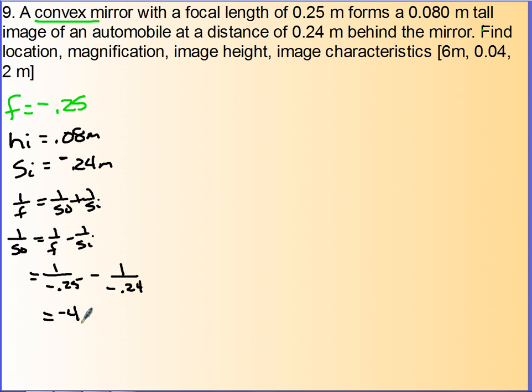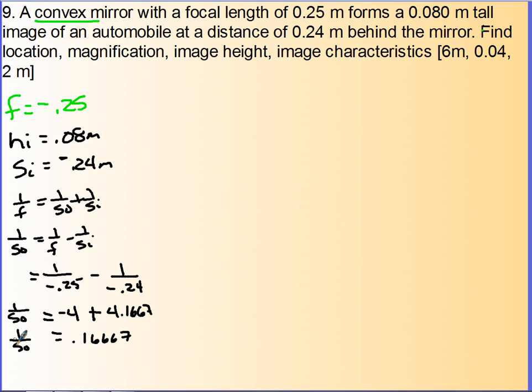So this is negative 4 minus a negative gives you a plus. Now, 1 over 0.24 is 4.1667. Now this is 1 over SO. Go ahead and do this. You're going to see this is going to be 0.16667, but this is 1 over SO.